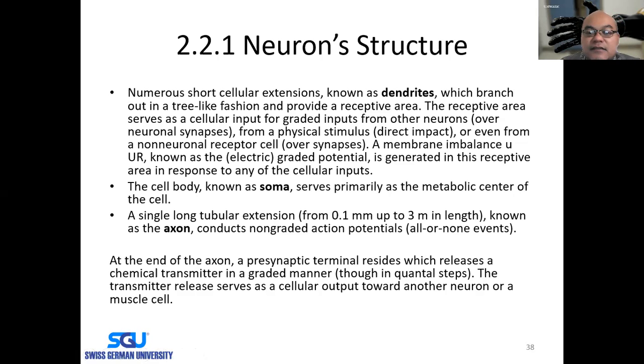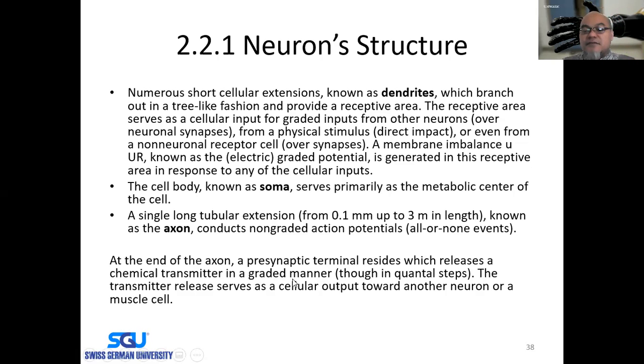This is known as the axon, which will conduct the non-graded action potential, an all-or-none event. At the end of the axon, a presynaptic terminal resides, which releases a chemical transmitter in a graded manner, in quantum steps.